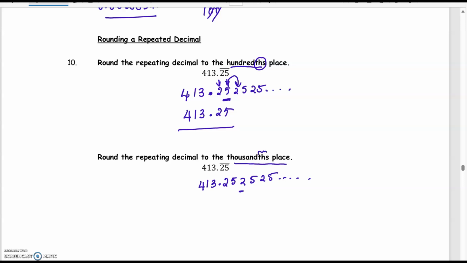THS. So that tells me it's the decimal place value. Tenths, hundredths, thousandths. Look 1 place value to the right. The 5 tells you to round up. So that would be 413.25. 2 plus 1, 3. Next.